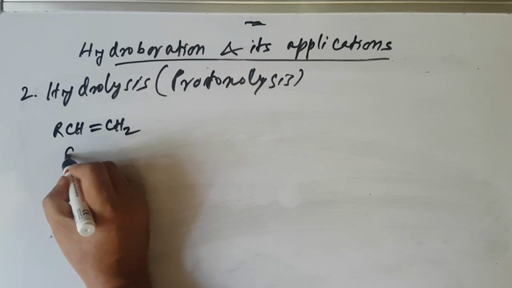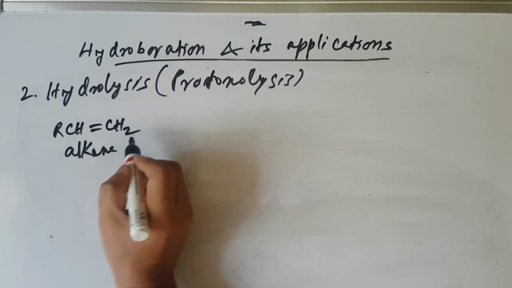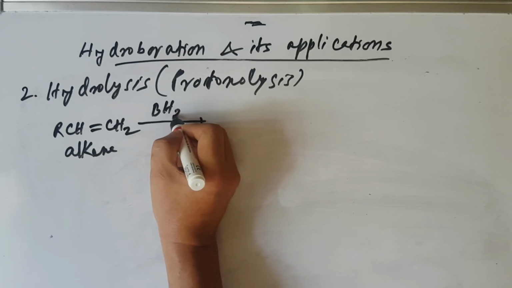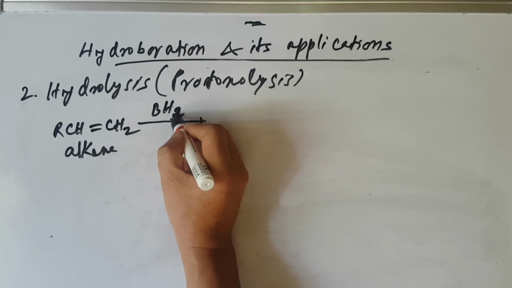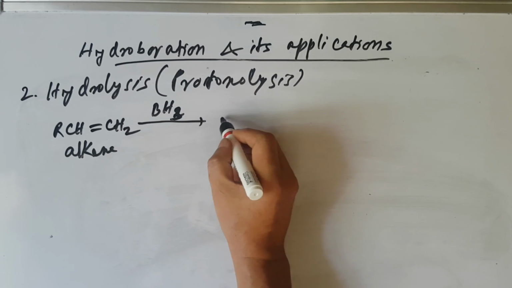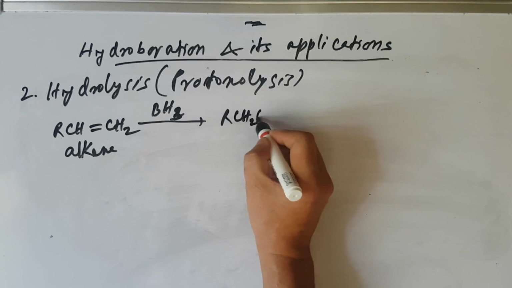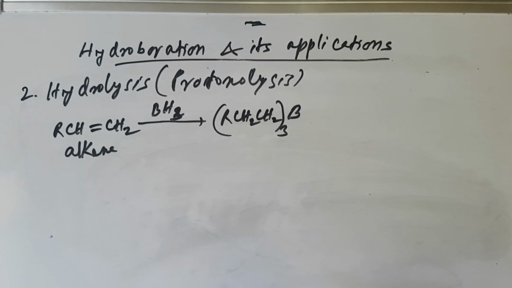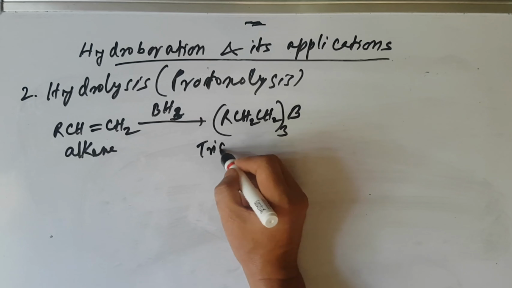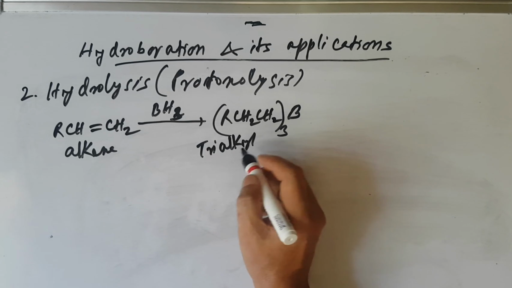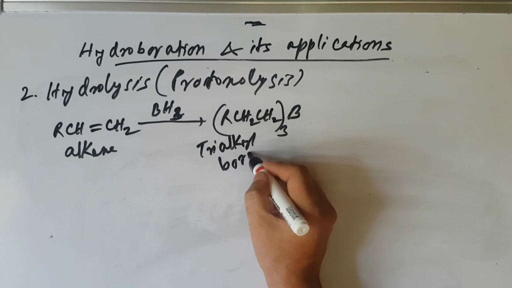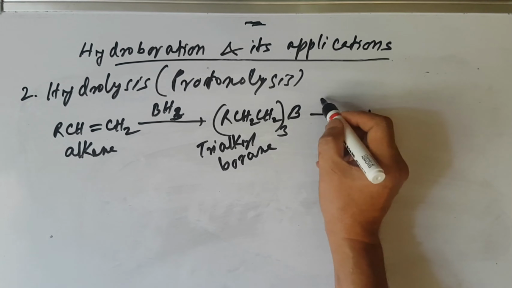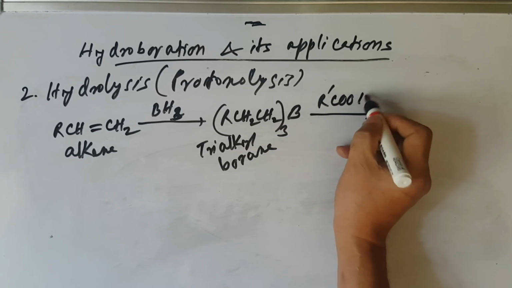So this is the alkene. First, hydroboration takes place with boron, so first trialkyl boron is formed. This trialkyl boron can undergo hydrolysis in the presence of acid, let's say R prime COOH.